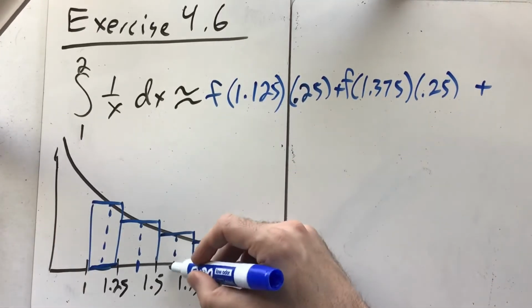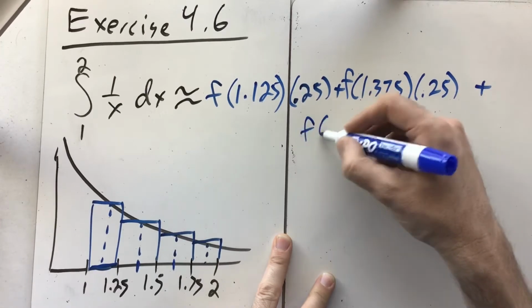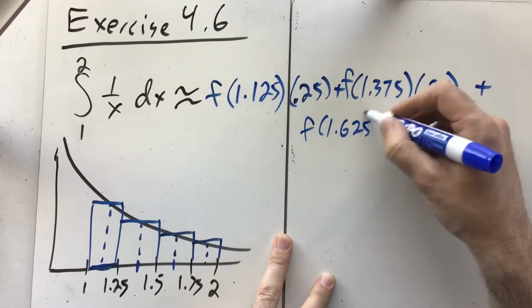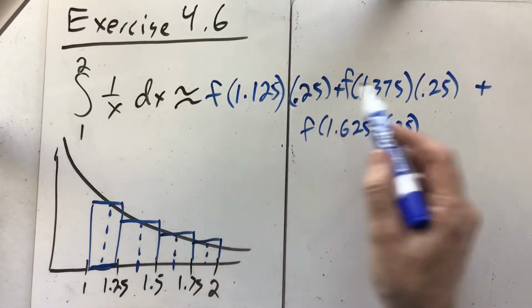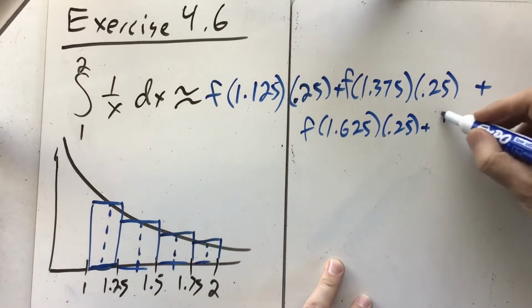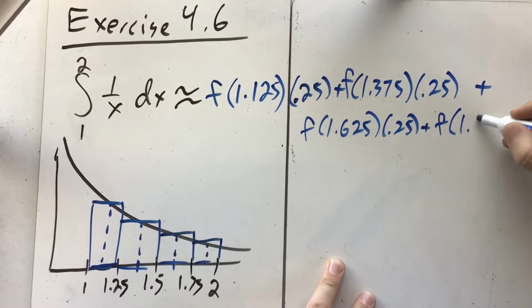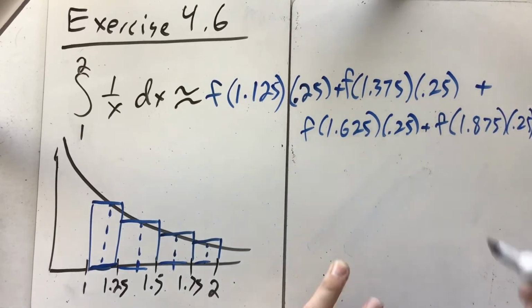Now I'm going to do halfway between 1.5 and 1.75, which is 1.625. Notice my delta x's are the same every time because each segment has the same 0.25 between those two. And then finally, my last one is 1.875 times 0.25. Okay, so there's all of those.